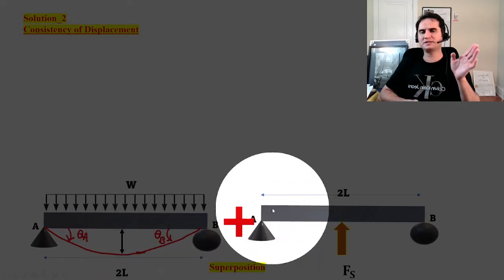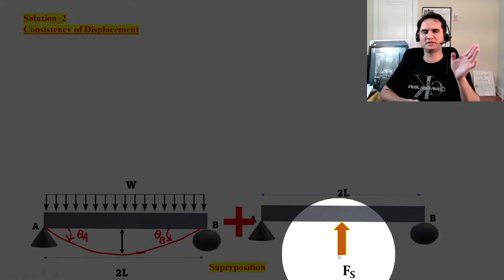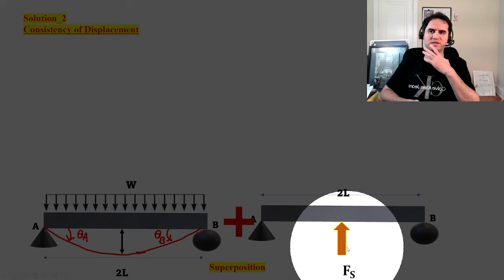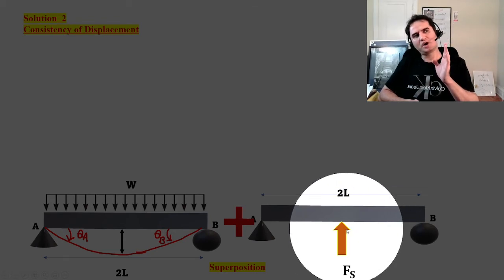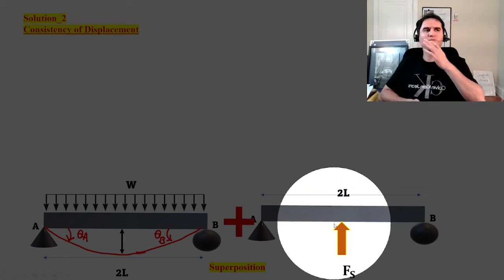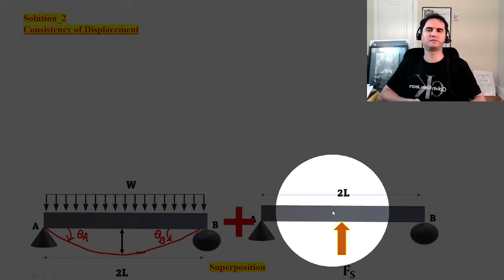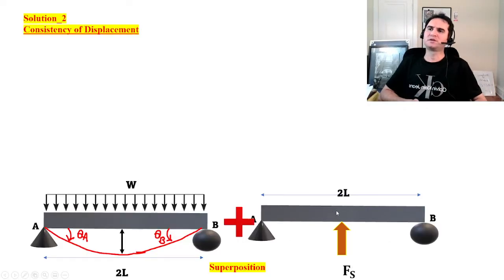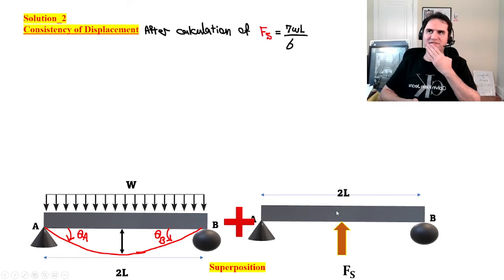Second, the beam without loading but with the spring, for the effect of the spring, which is an upward push from the bottom of the section. After calculation of the force of the spring, which we already did, that's 7/6 times WL.